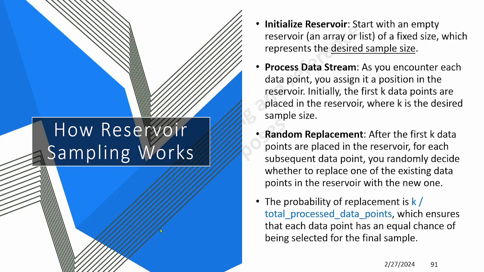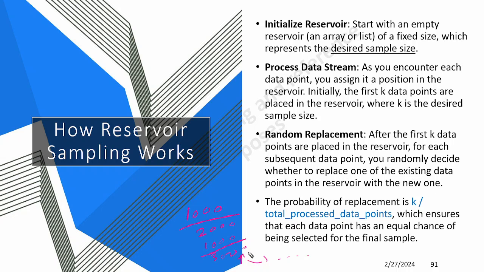Now you notice here what is happening is K is, let's say, 1000, and the total data points will keep on increasing, let's say 2000, and after that this would be 1000 over 3000, and so on and so forth. Look, the denominator keeps changing because of the streaming nature.